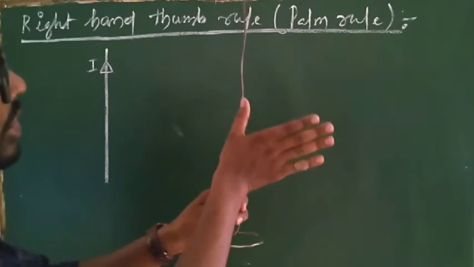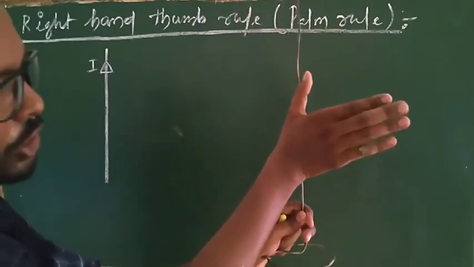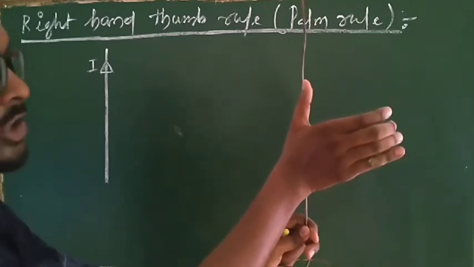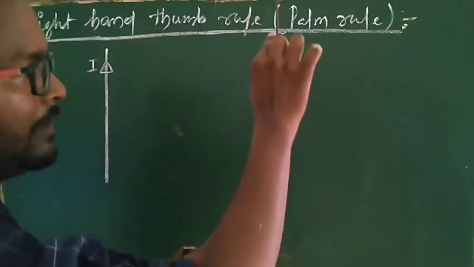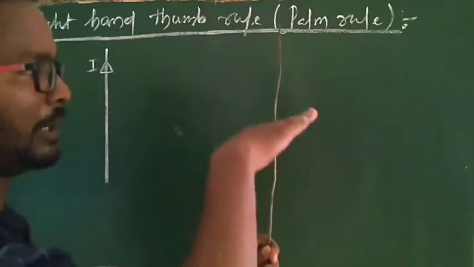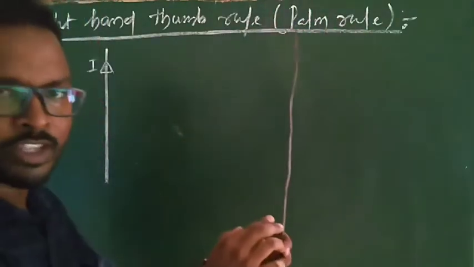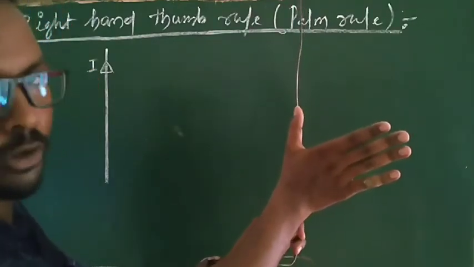The curled fingers indicate the direction of the magnetic field, because if there is a current carrying conductor, the magnetic lines of force develop around the conductor, perpendicular to the flow of current.